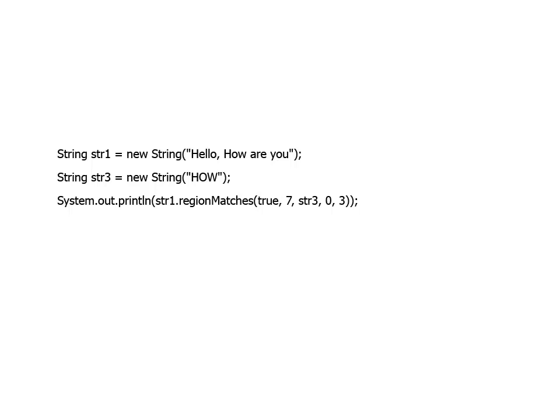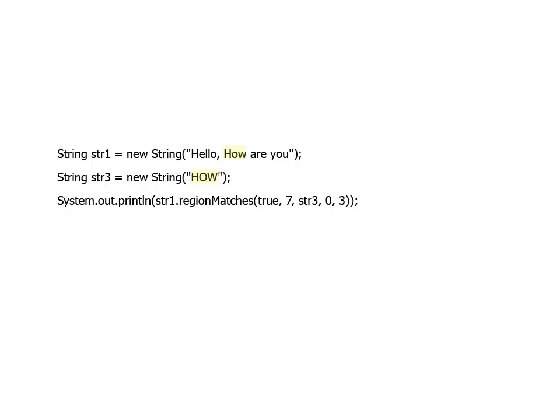We pass the arguments true, which means we ignore case, then 7, that's the starting offset in string 1. So 7 is the H in how in hello, how are you? That's the starting position.